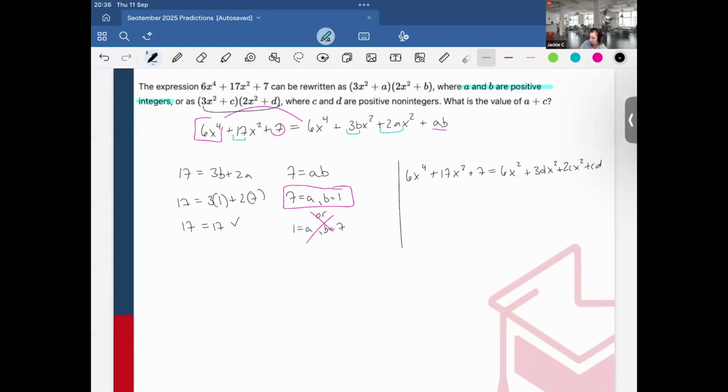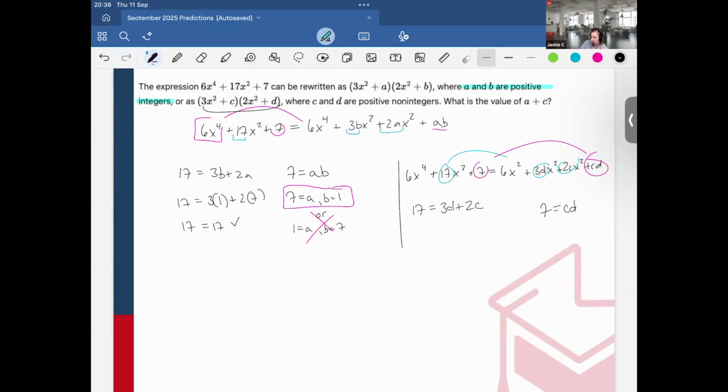And then we use our equation equivalences again, except this time we would have 17 is equal to 3d plus 2c. So 17 equals 3d plus 2c. And then we would have that 7 is equal to c times d.